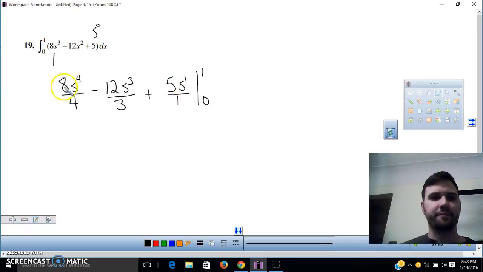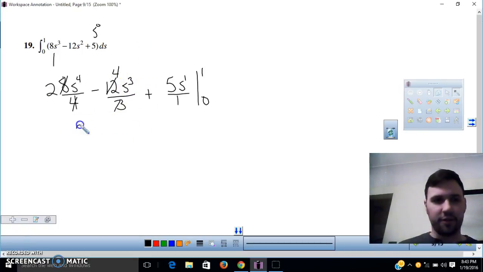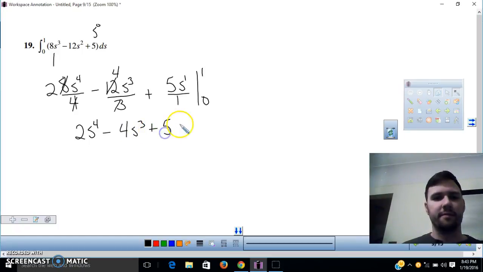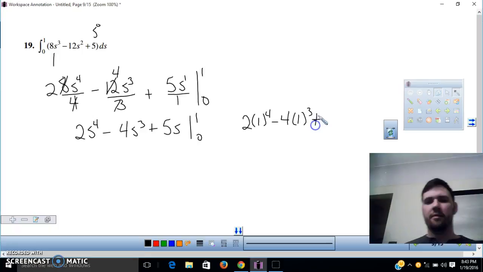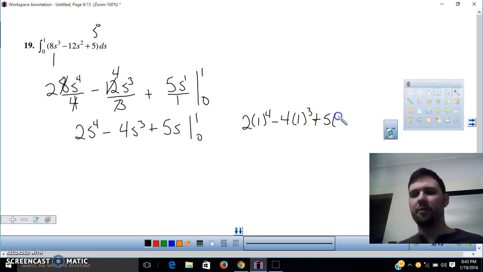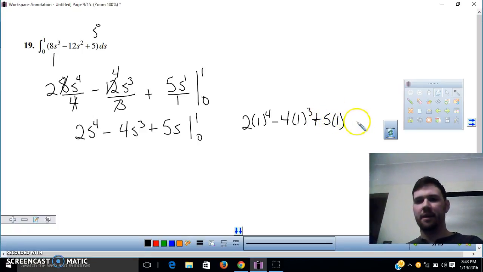Alright? That's 2. Simplify these. So I guess you could have said 2s to the 4th minus 4s to the 3rd plus 5s. So when I plug in 1, I get 2 times 1 to the 4th minus 4 times 1 to the 3rd plus 5 times 1, minus, when you plug in 0, you get 0.